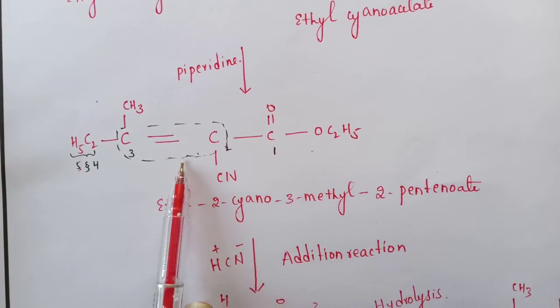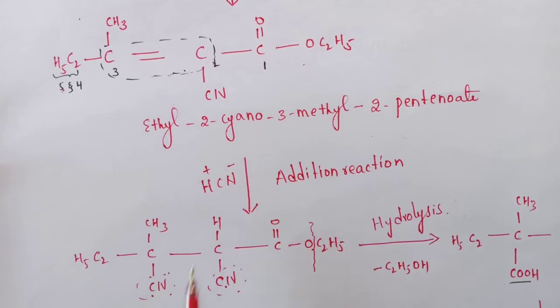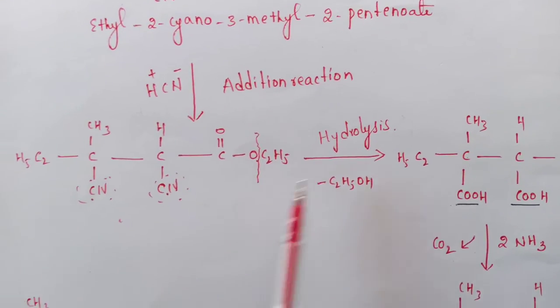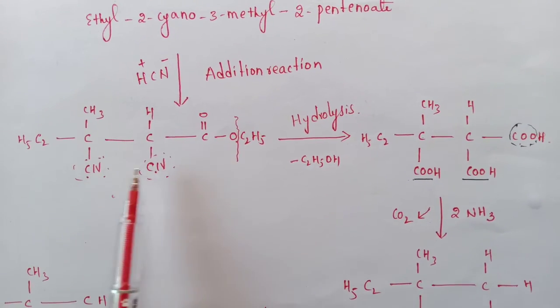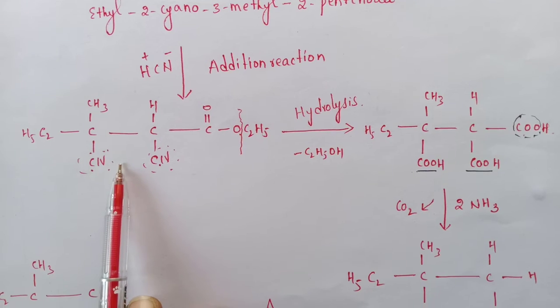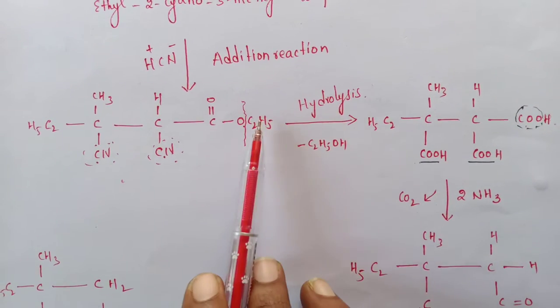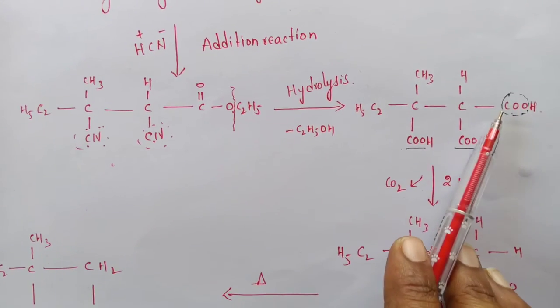Because of this double bond, it undergoes addition reaction in the presence of hydrogen cyanide and gives a cyanide derivative. Upon hydrolysis, which occurs for 3 groups, both the cyanides are converted into carboxylic acids, and the ester also breaks down, giving an alcohol as well as an acid group.